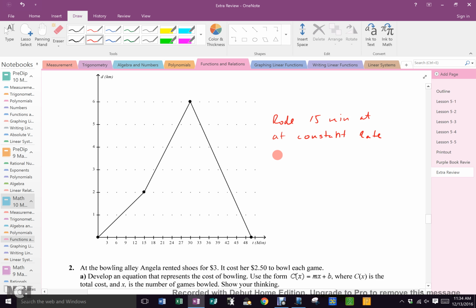Then we sped up to a higher rate. And then we turned around and we went home at the higher rate.